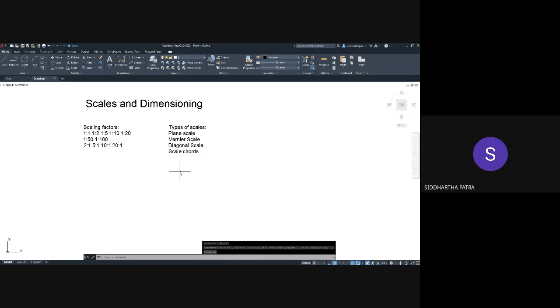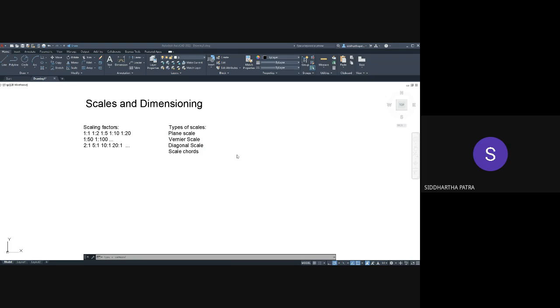So let's take an example of plane scale. We would mention the problem statement, and after that we would know how to solve it. Actually, the problem statement would clarify how we are supposed to work on a given problem. So here is a problem statement.